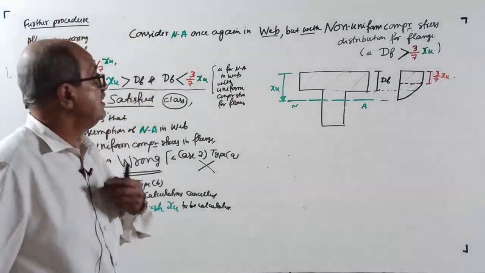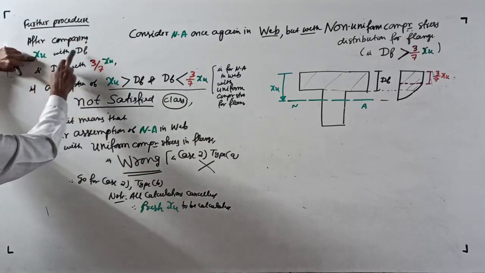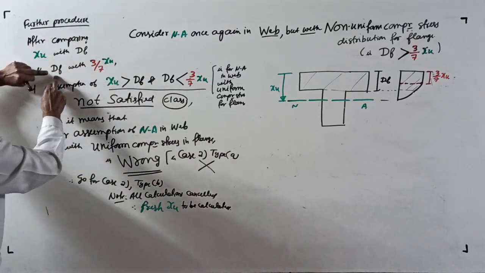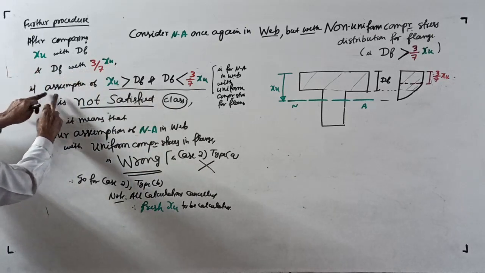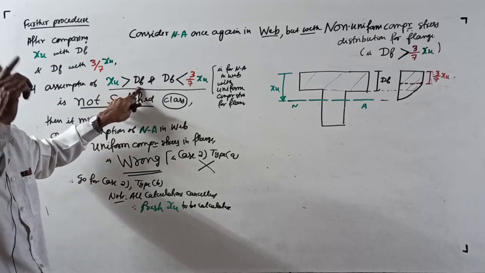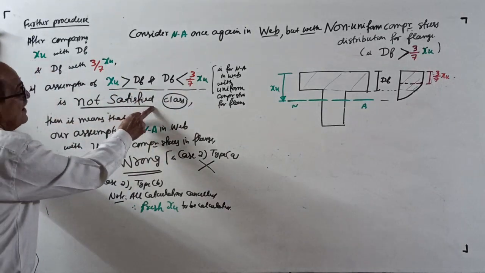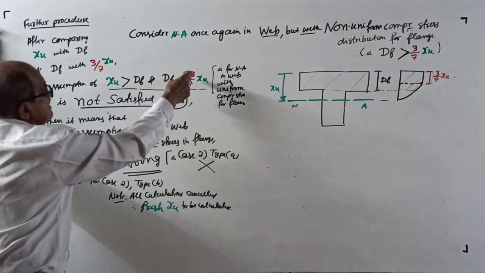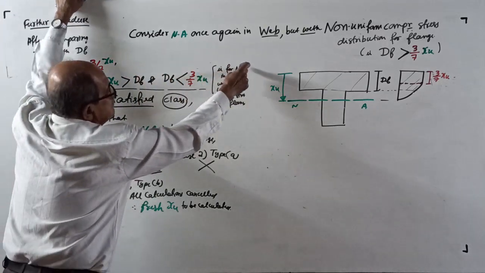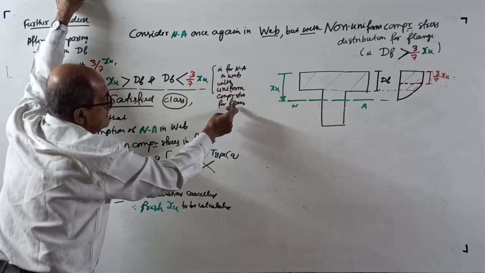Now further procedure. After comparing xu with df and df with 3 by 7 xu, if assumption of xu more than df and df less than 3 by 7 xu is not satisfied, these are the assumptions for neutral axis in web with uniform compressive stress in flange.